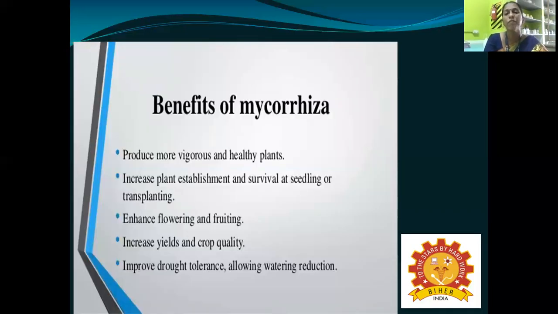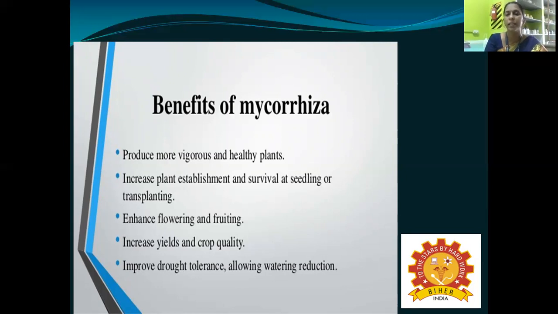So what are the benefits of this mycorrhizae? It can produce more vigorous and healthy plants. Another important thing is it can increase plant establishment, because the plant grows well and the survival rate is higher, especially in transplanting.